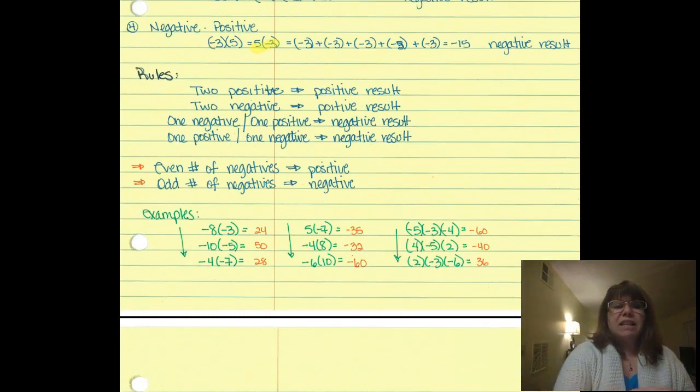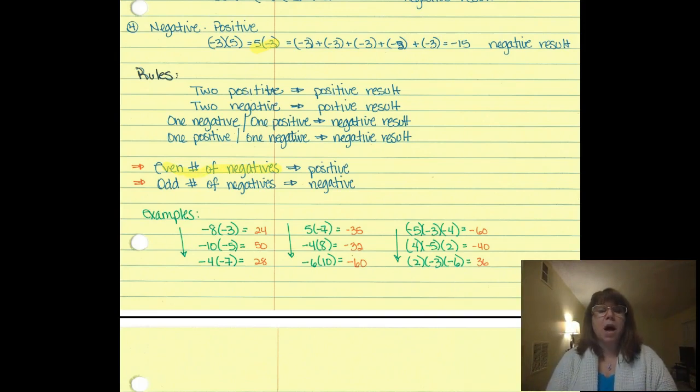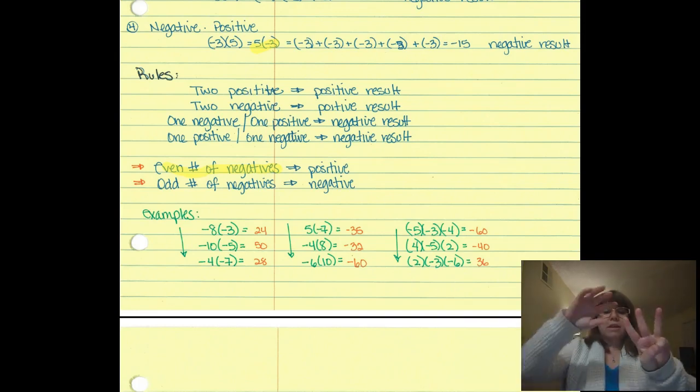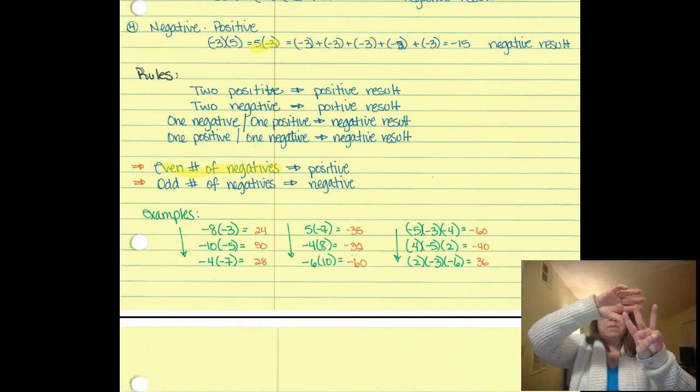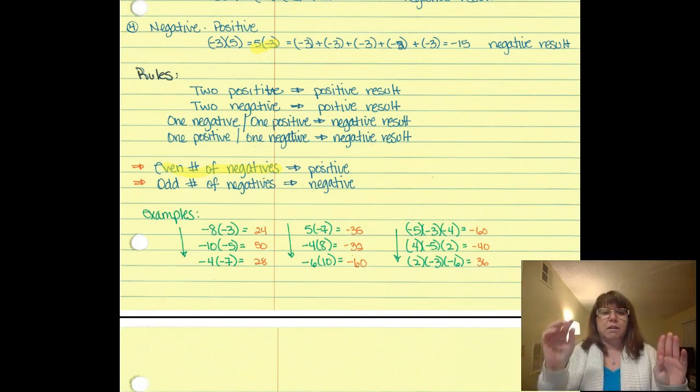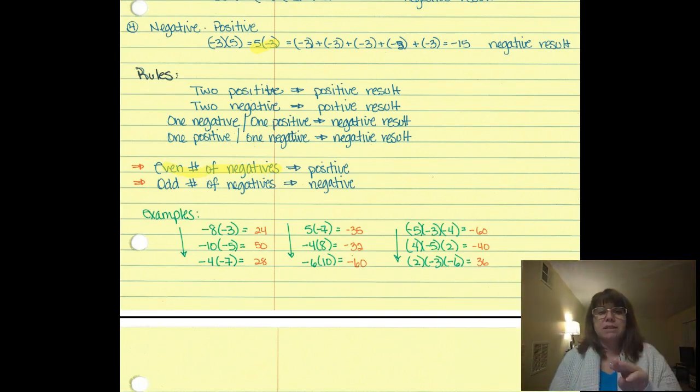If I have an even number of negatives, my result is going to be positive. Why is that? Because 2 negatives result in a positive. As soon as I throw in 1 more, that's a positive times a negative, which is a negative, right? So an even number of negatives will result in a positive.